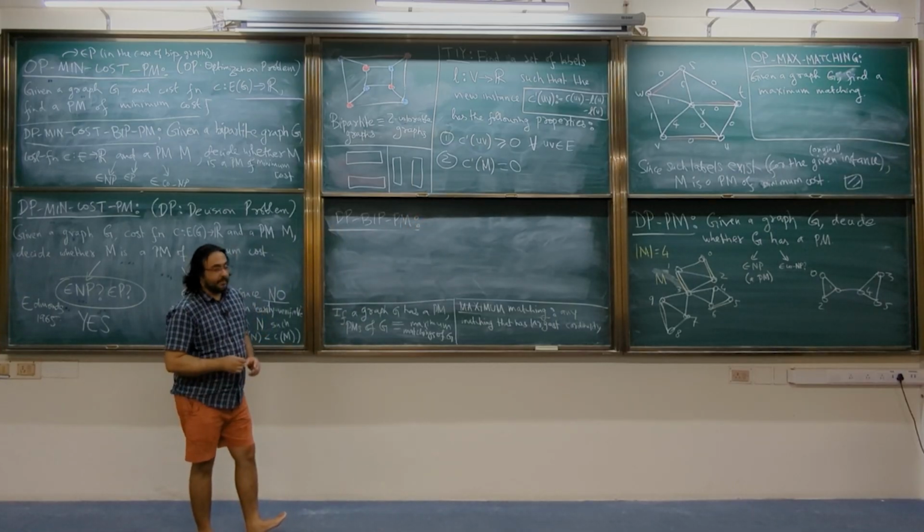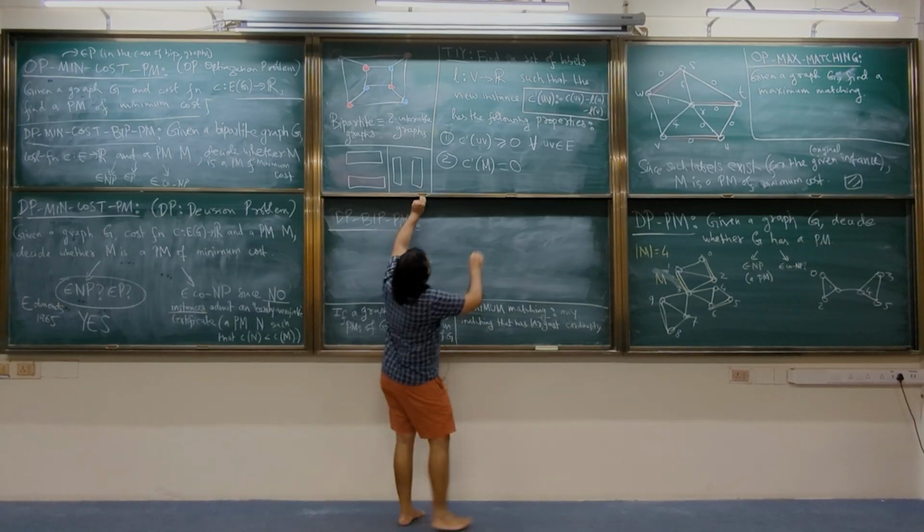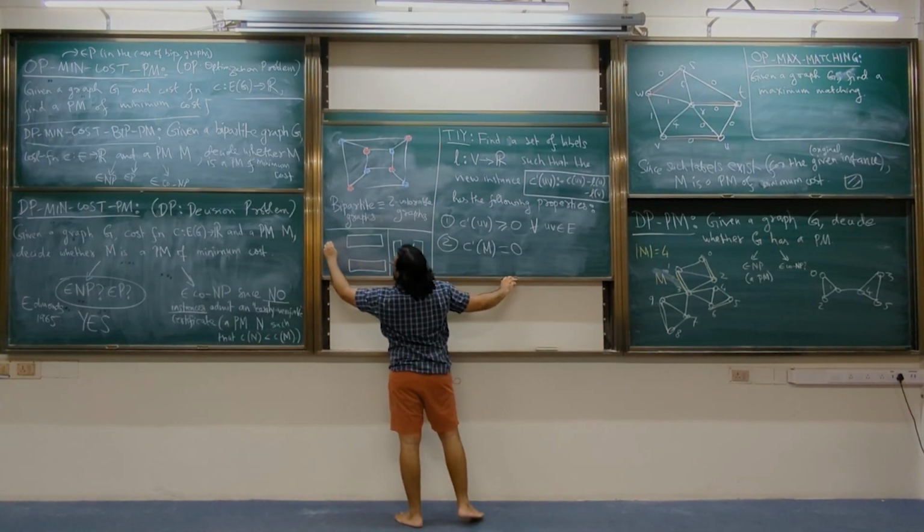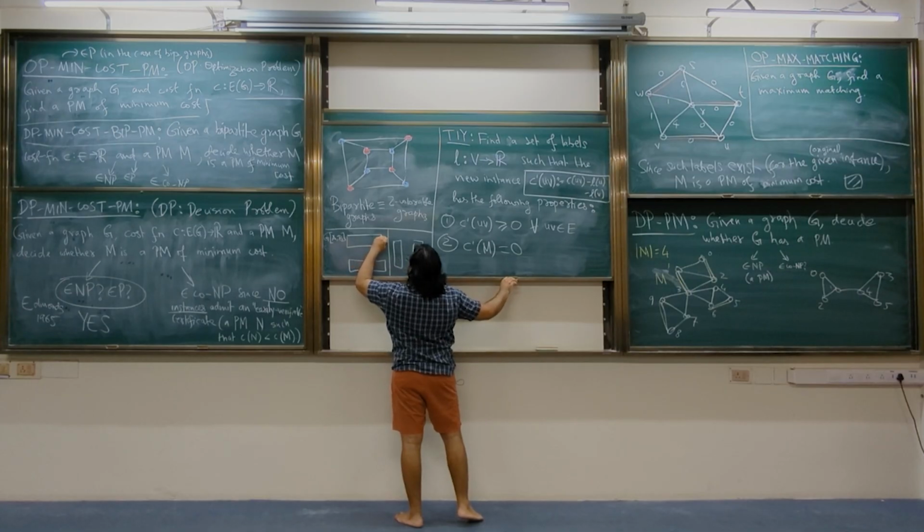For a bipartite graph, I will often use the notation G[A, B] to denote the color classes A and B.